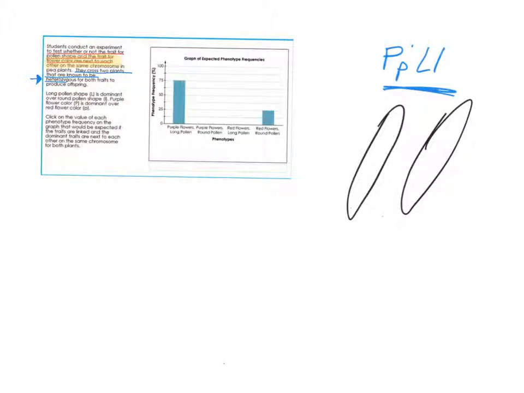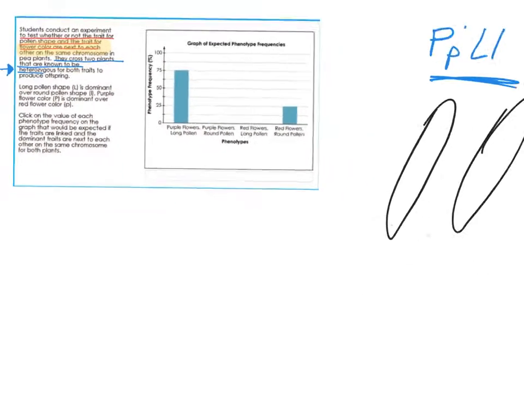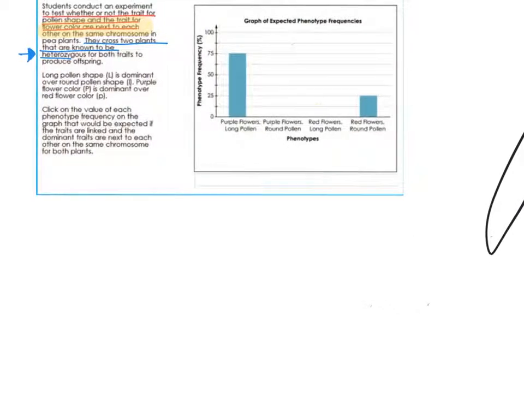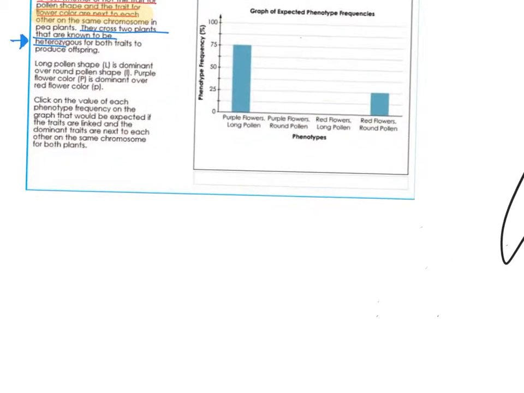Okay, so look here. Long pollen shape is big L, dominant over round, and purple is dominant over red. Then it says click on the value, so they would have you click in that particular column to make the column pop up or not.